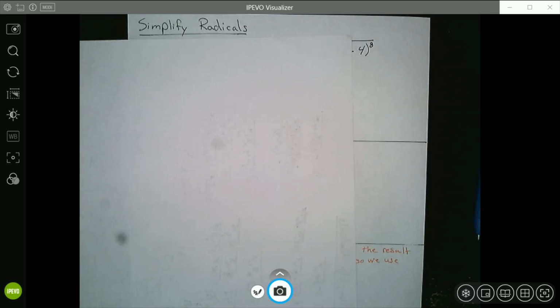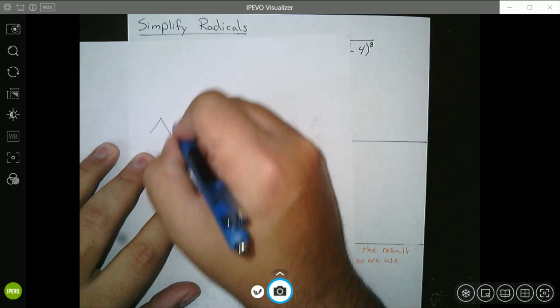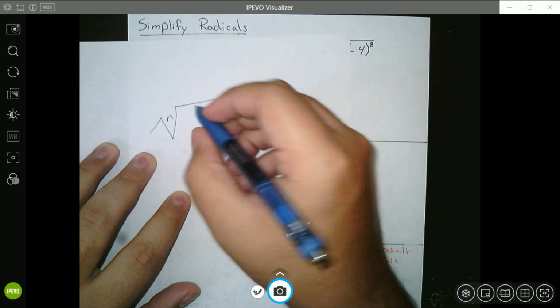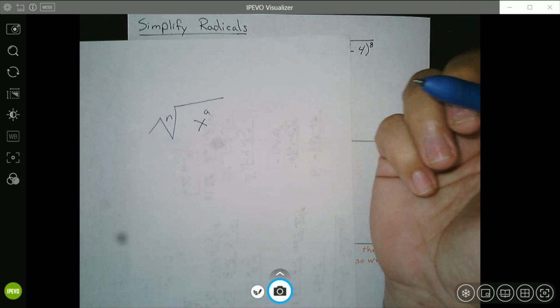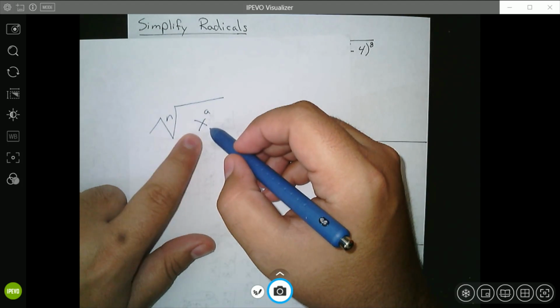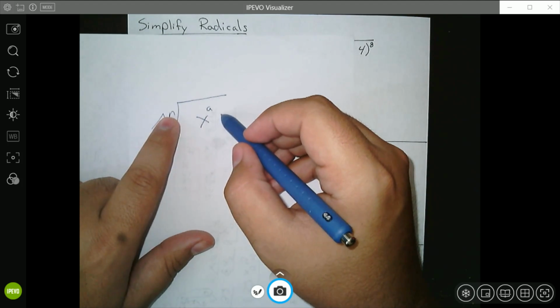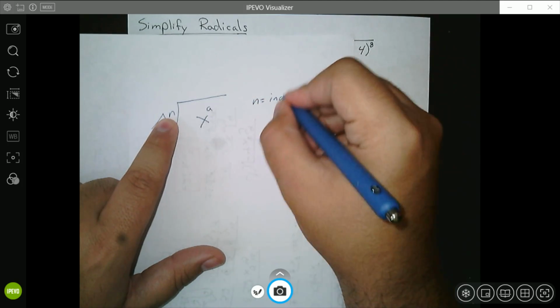Today we're going to be looking at simplifying radicals. With radicals, we're going to have something in these terms. This x is just our variable, but we're using n as a certain term. n is what we call the index.